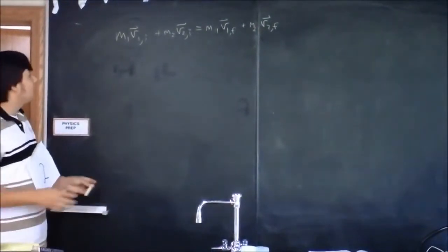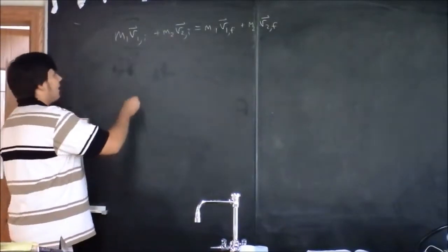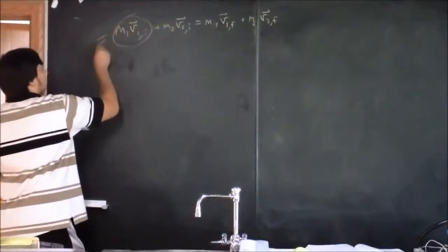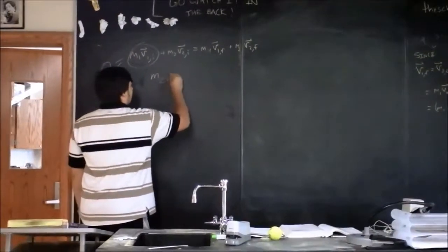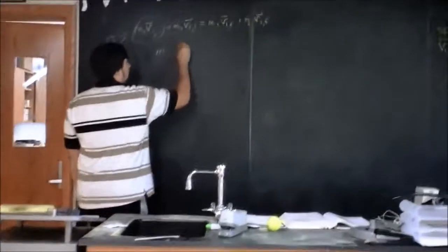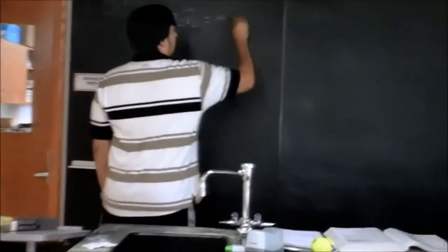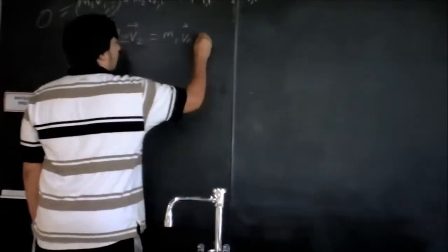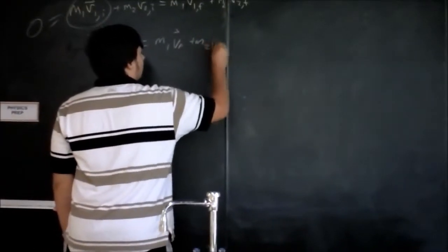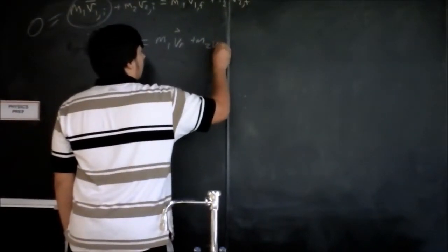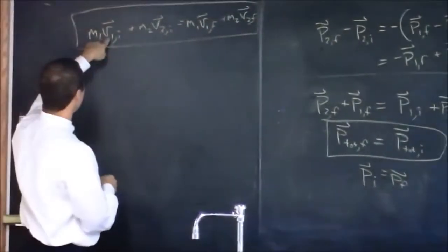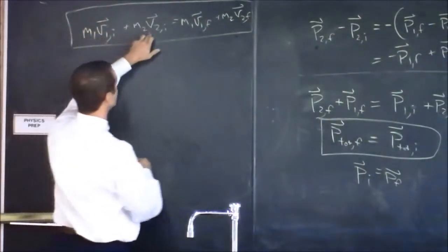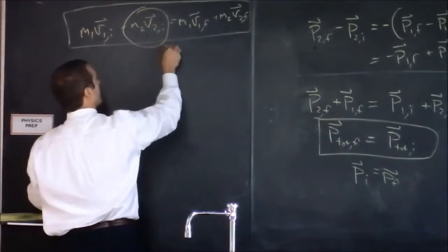And since thing 1's initial velocity was 0, the equation simplifies to, in the preceding example, we have just seen an initial velocity that is positive and an initial velocity that's 0.